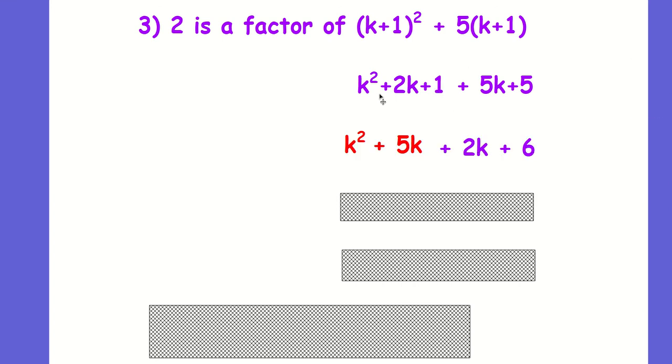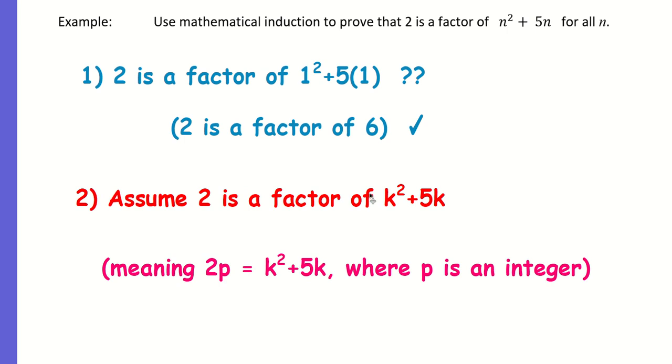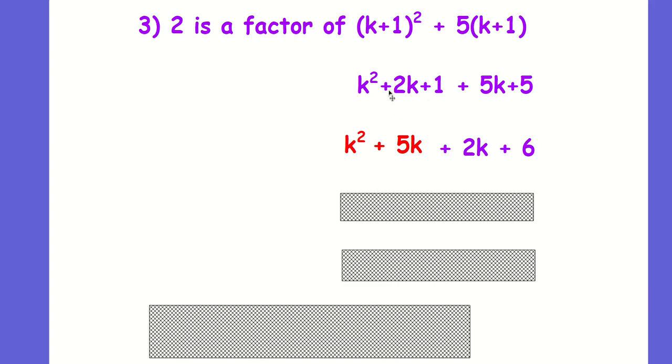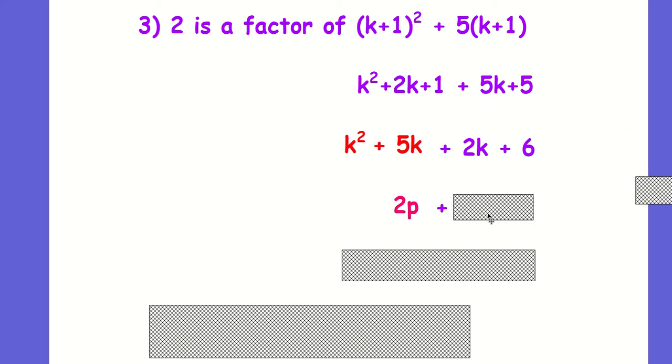So rearranging this stuff, k squared plus 5k, those two terms together, you could put off on the side, because again, what did we just get done assuming that was equal to? 2p, right?